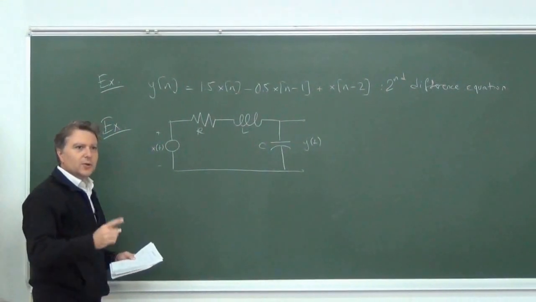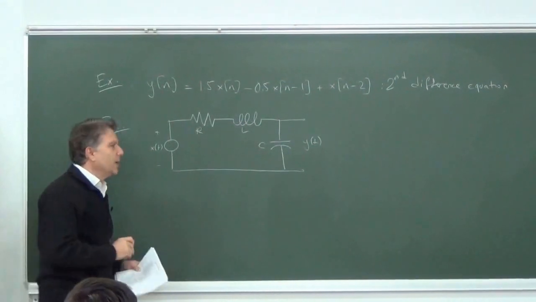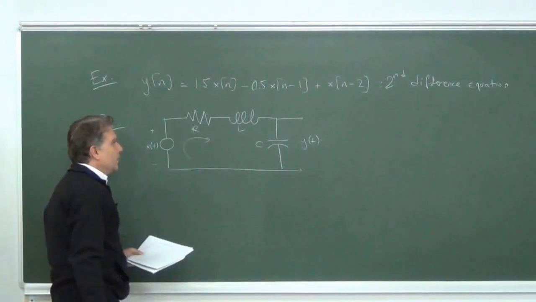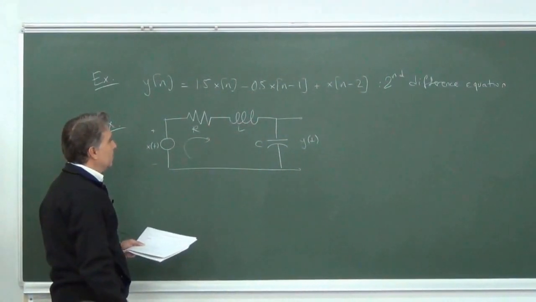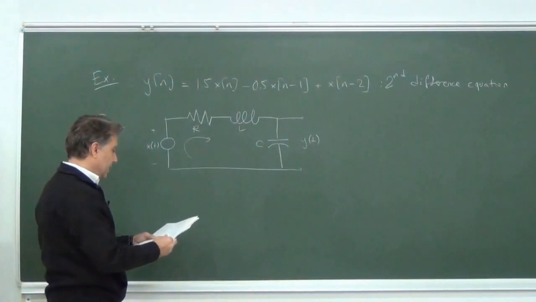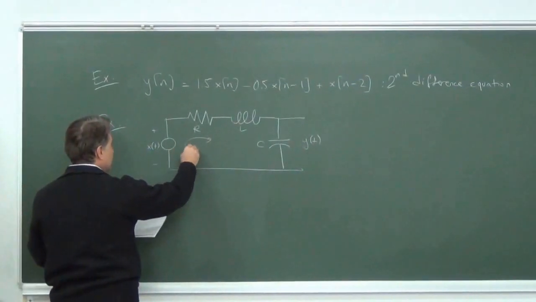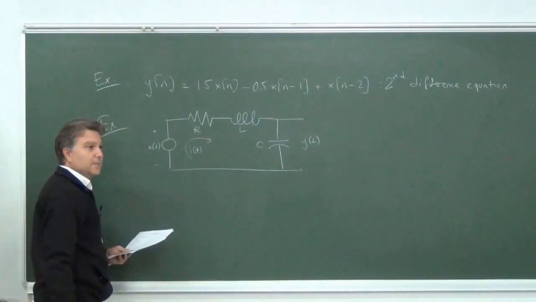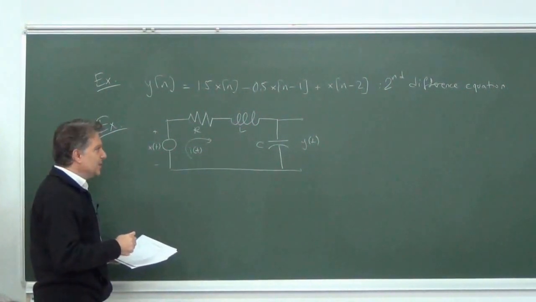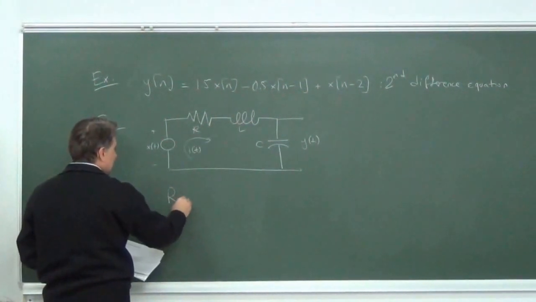From circuit theory we know the solution to this problem. We should know how to solve circuits. We write the voltage division equations and the current loop equation. For example, using this current as an auxiliary variable i of t, we have an intermediate output then. The intermediate output is i of t.